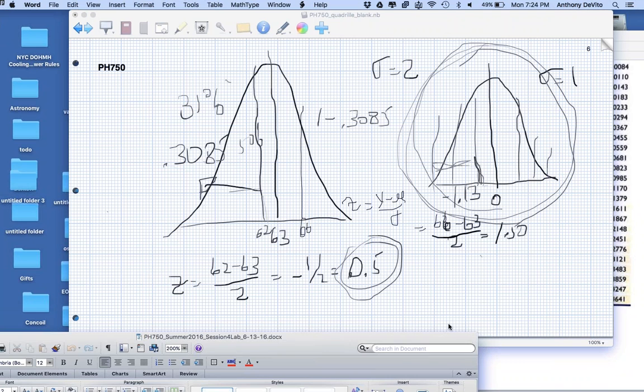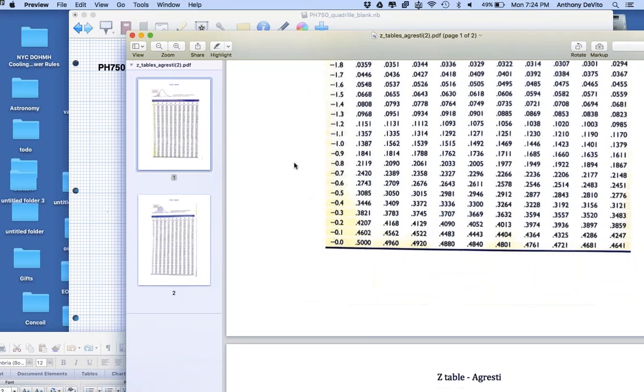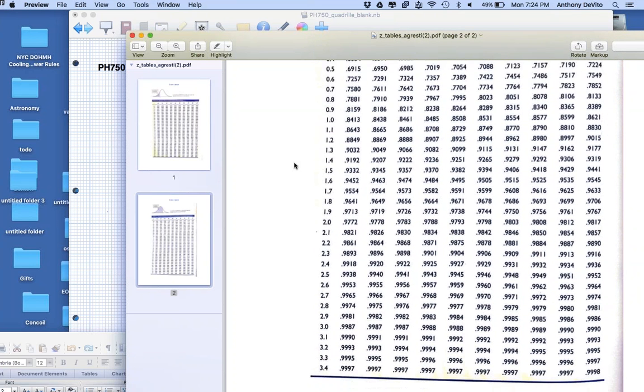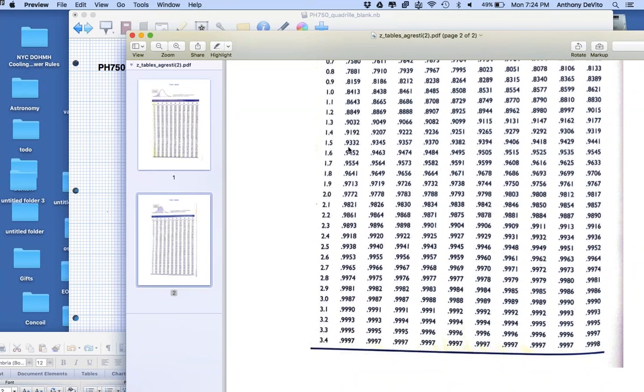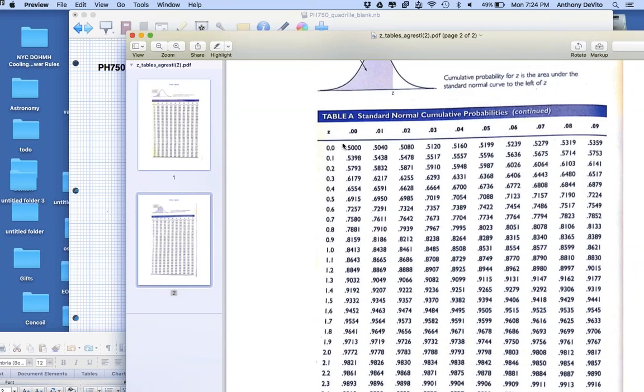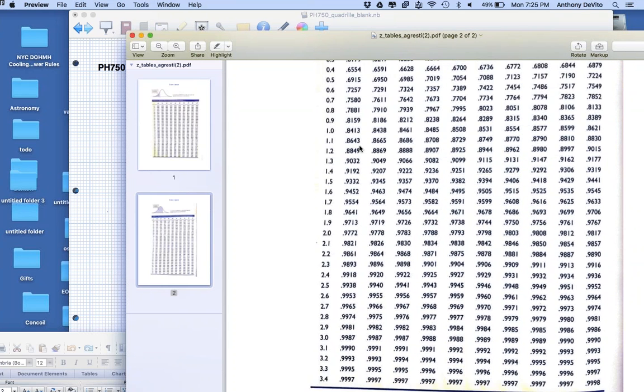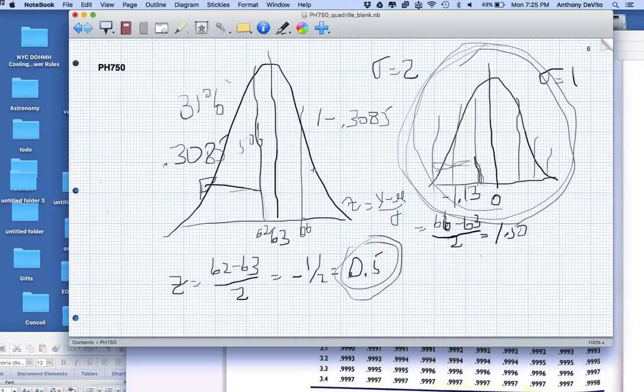If we use this table, first of all, we're to the right of the mean, so we're going to use the positive numbers. 1.50 represents the area to the left of that. Where is it? Here it is: 93.32% of the population, or 0.9332.